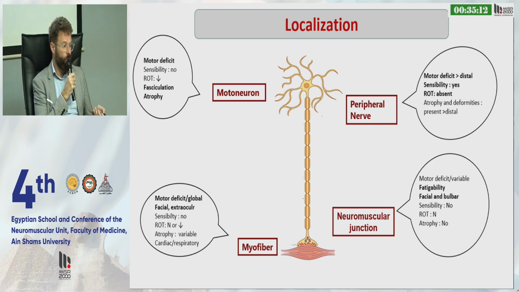When we have a neuromuscular junction disorder, the fixed muscular weakness can be variable. What we have more frequently is a fatigability that can be fluctuating. For example, a patient can be very active and with a well preserved strength during morning, and then in the afternoon it becomes more fatigable.